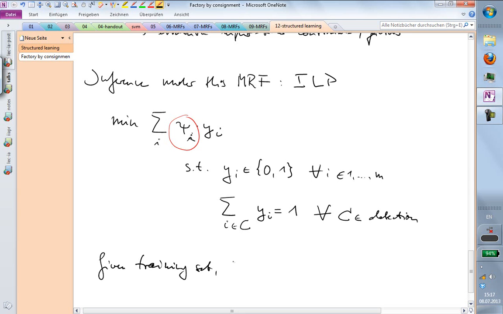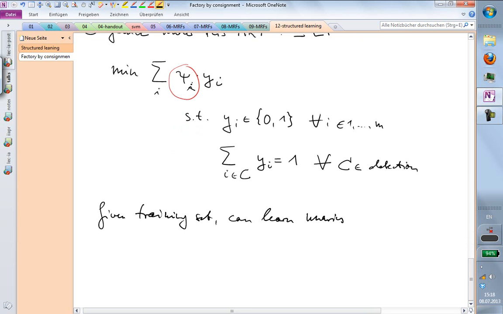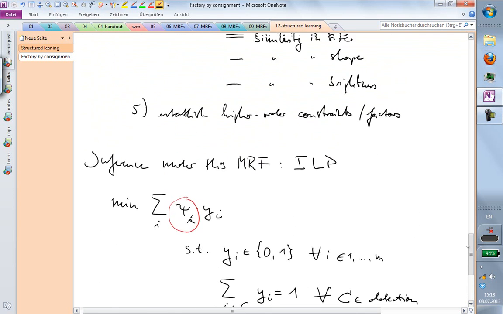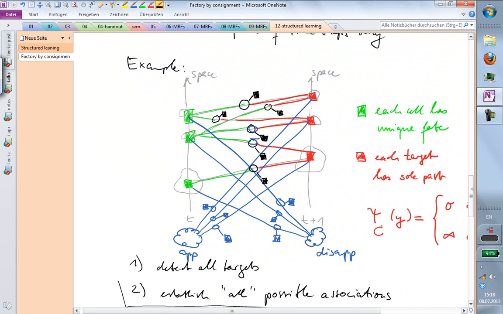So given some training set, we can learn the unaries. And we could do this in an unstructured way, where we would simply get an annotated training set where somebody said that, well, in actual fact, the first object corresponded to the first one, and the second object corresponded to the second one, and the third object corresponded to the third one.